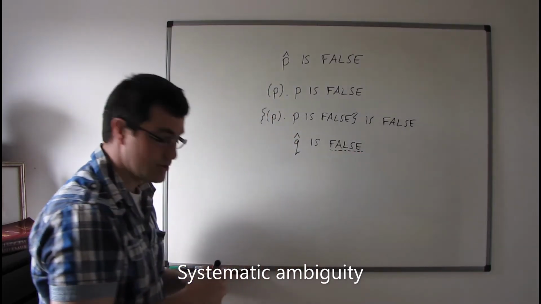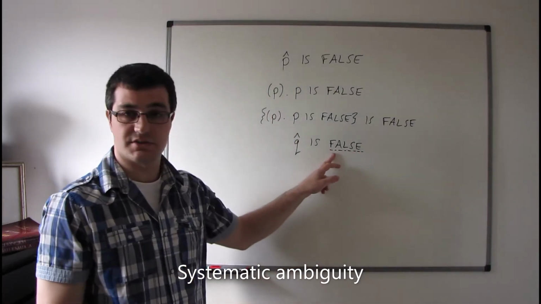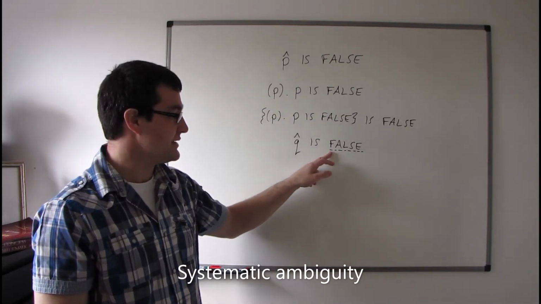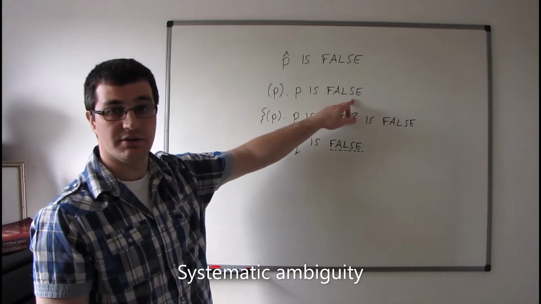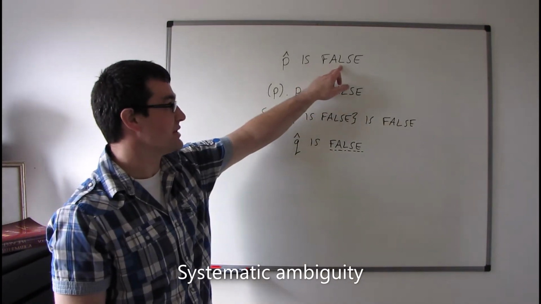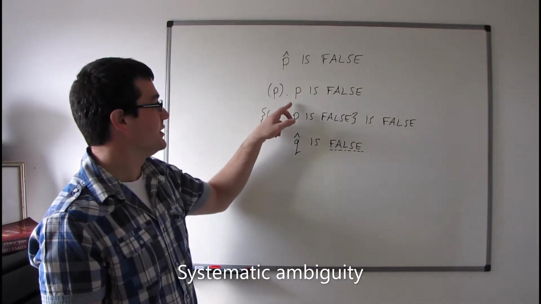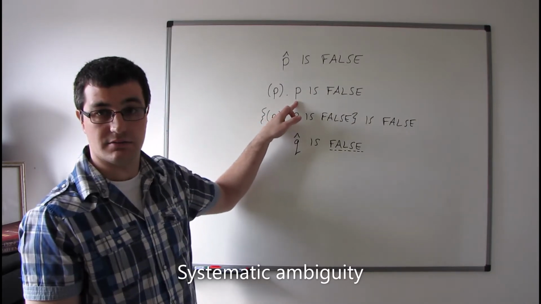And the conclusion that we draw from this is that the word false seems to have a different meaning as applied to this proposition as this word false has when applied to just P here.